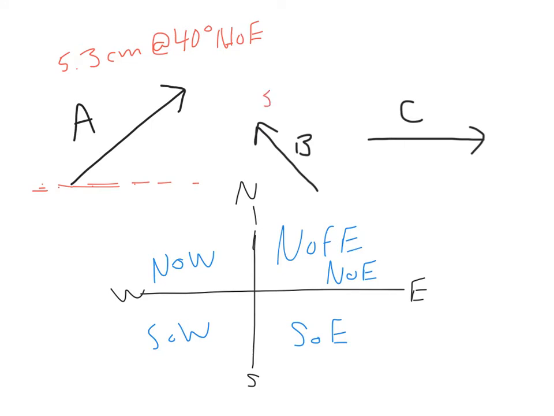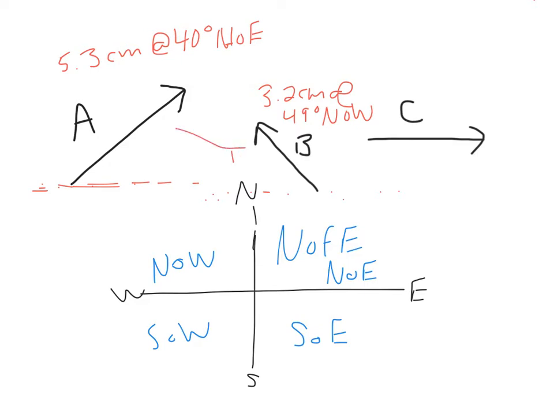Vector B is pointing in the second quadrant, so it's going to be whatever degree north of west. This is about 49 degrees north of west. You always want to use the acute angle, so no angle will ever be over 90 degrees when we're doing measurements.